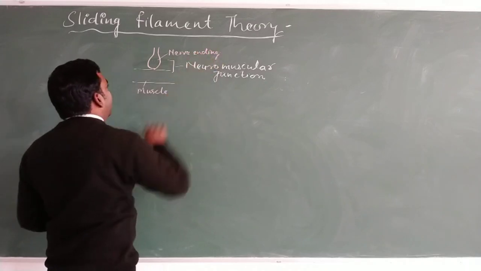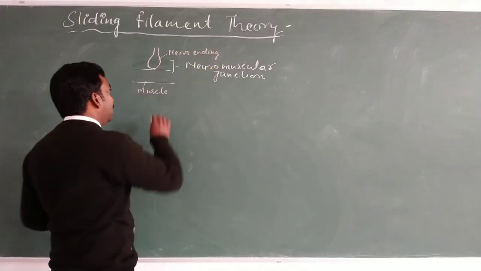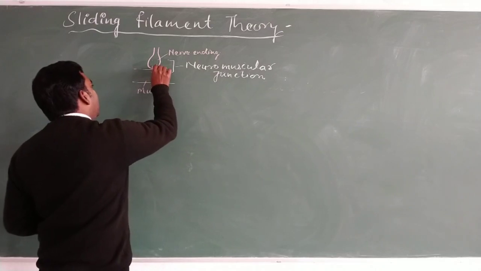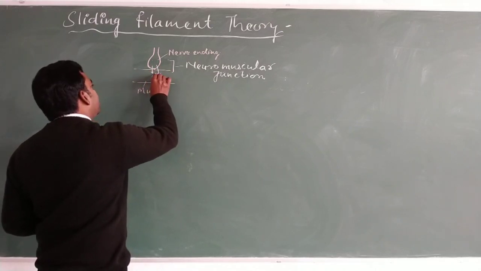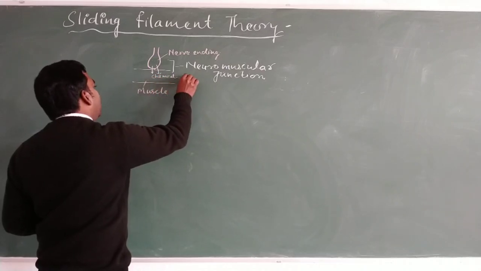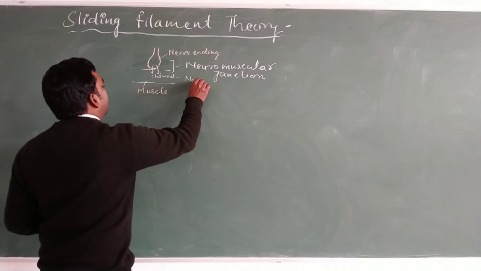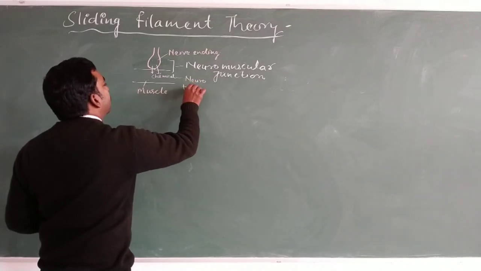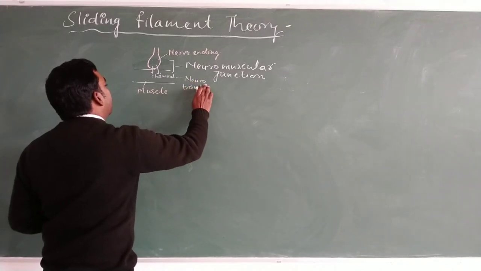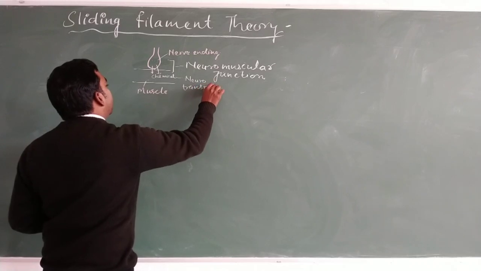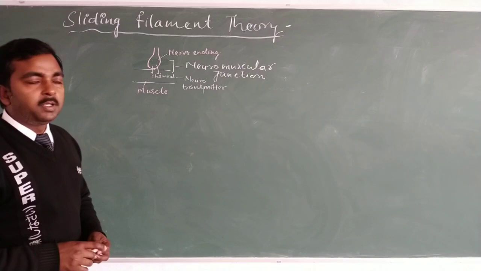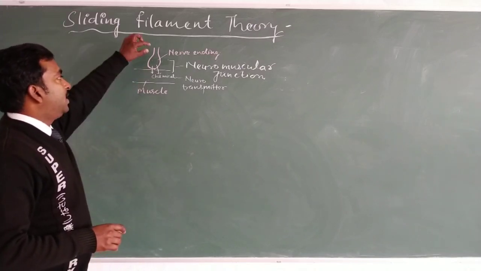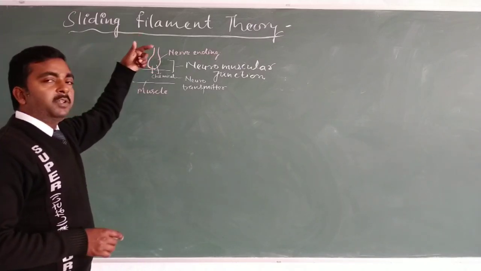That nerve ending transmits the impulses in the form of a chemical, and that chemical is known as a neurotransmitter. So in the form of neurotransmitter, the muscle fiber receives impulses or messages from the neuron.